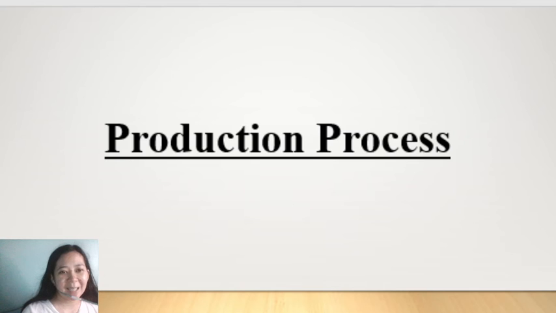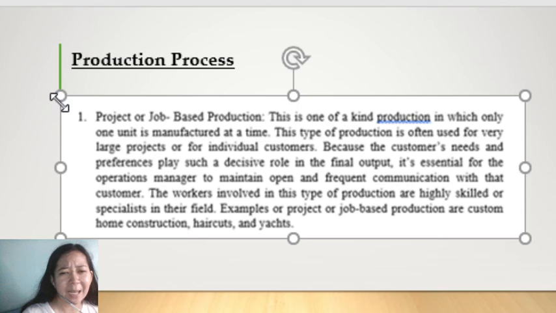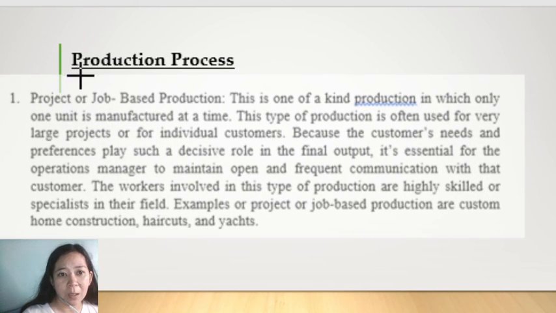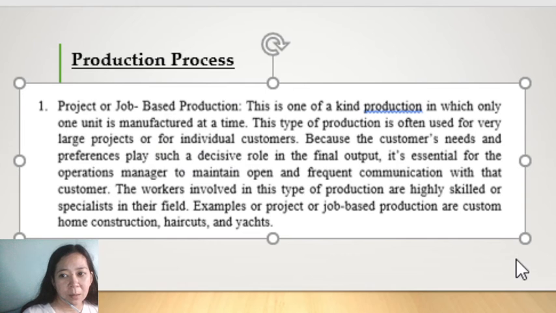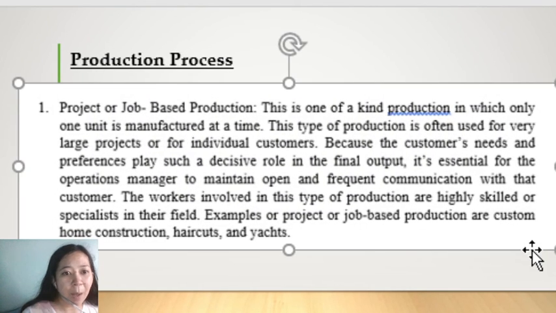Next is production process. This is the last topic under this module. For production process, we classify the processes according to the scale or the amount of production that is being conducted.